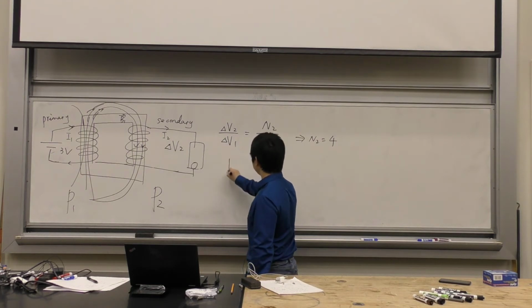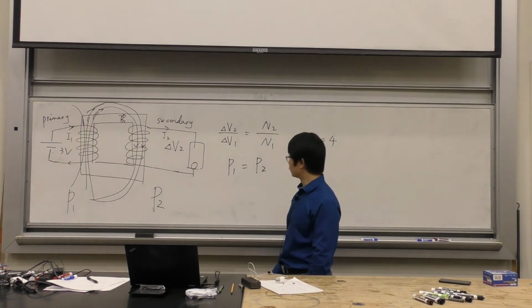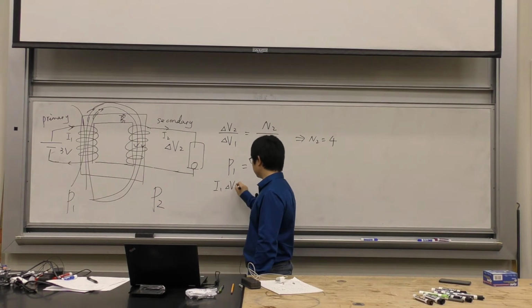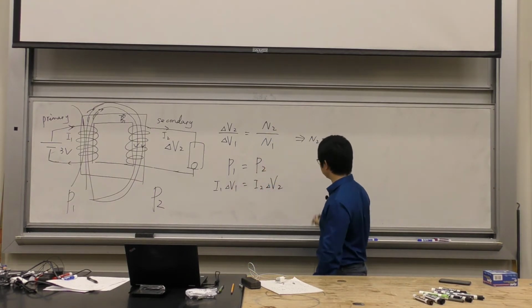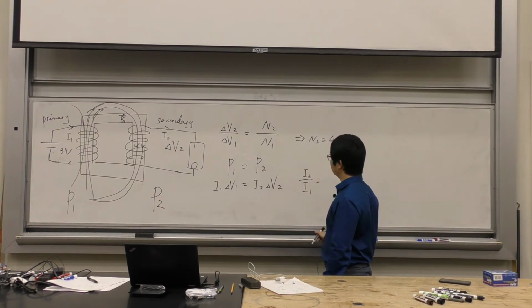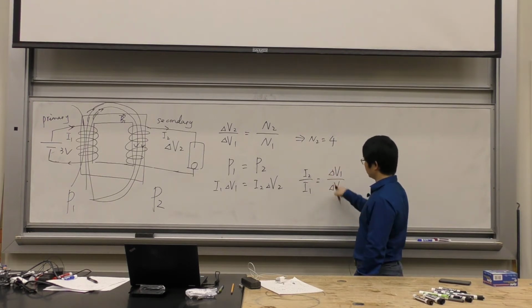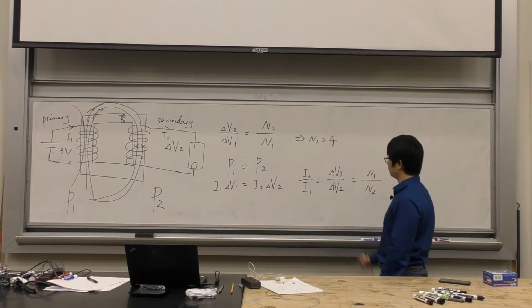So if the power on each side must be the same, you can find the relation between these two currents because the power equals I times V. So the ratio between these two currents, if you rearrange this, is going to be V1 over V2, which is actually going to be N1 over N2. So it's going to be the inverse of this ratio.